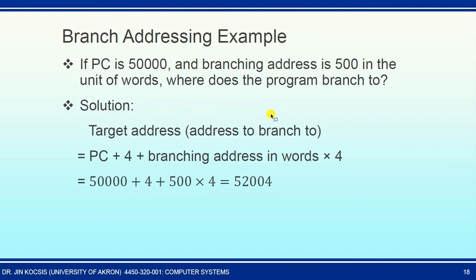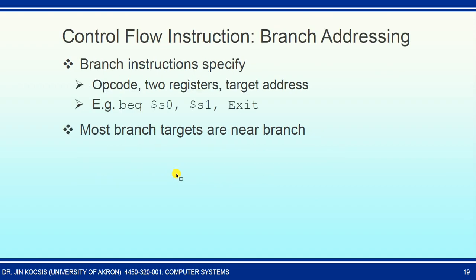The reason is that the maximum you can branch is 4 plus this value times 4. This is the range you can branch to. So normally, branch and jump both can transfer control, but the branch can only transfer control to some place nearby.